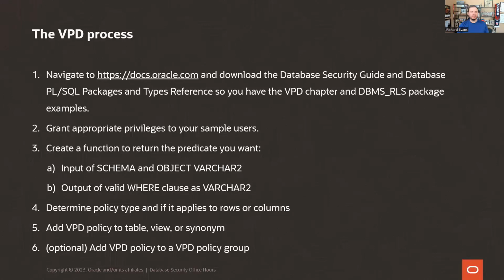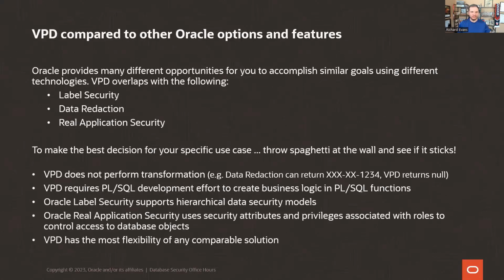Okay. So after performance, the next question is, Rich, we have like 10 things that do this, don't we? Yes and no, right? Security is defense in depth. Security is overlapping capabilities. The ones that come to mind for me are Oracle Label Security, Oracle Data Redaction, and Oracle Real Application Security.